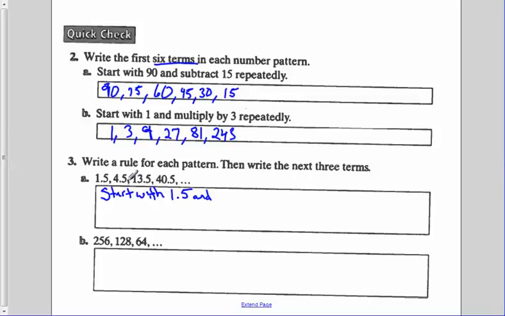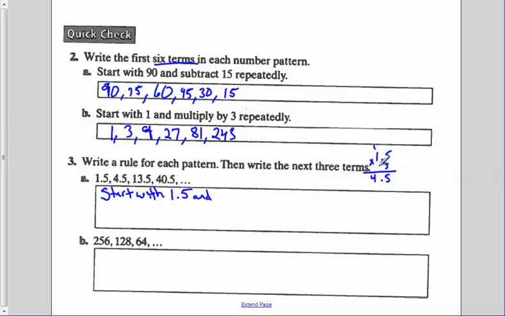What's the operation I need to follow? Well, if I take 1.5 and multiply it by 3, 3 times 5 is 15. 3 times 1 is 3, plus 1 is 4. I have one digit to the right of the decimal in my problem, so my next number is 4.5.